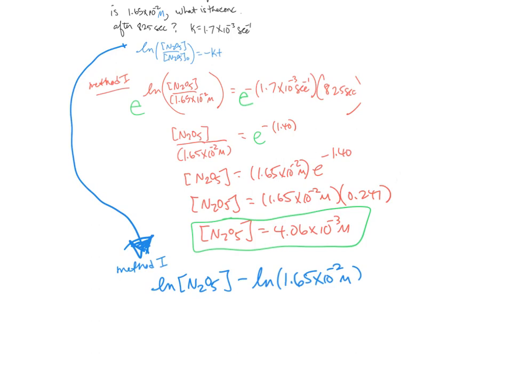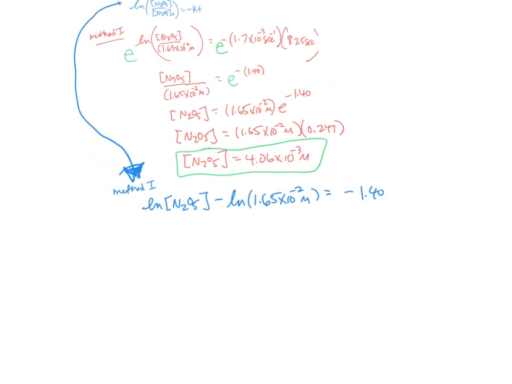And so then that would be equal to negative 1.40. And then you can calculate this value. So this would be equal to the natural log of N2O5 minus 1.40, and that'll be negative 1.40.